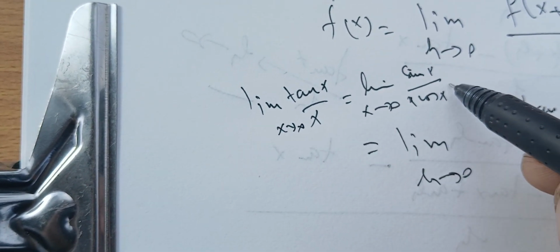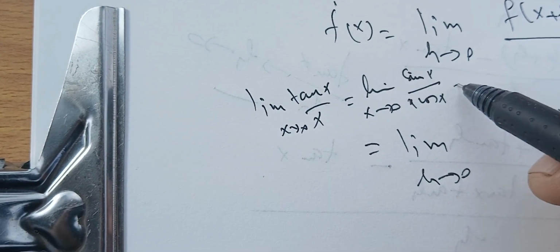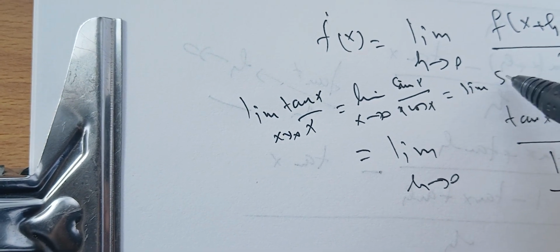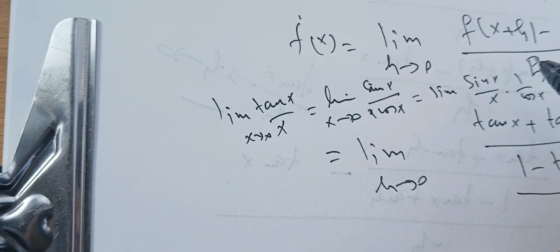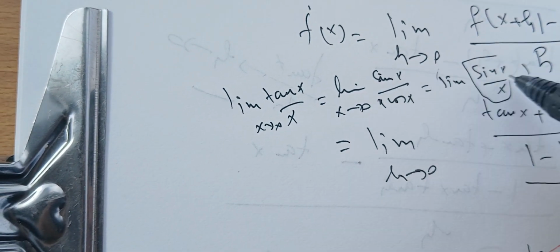So this limit is the limit of sine x over x times 1 over cosine x. We know the first one is 1. And 1 over cosine x.